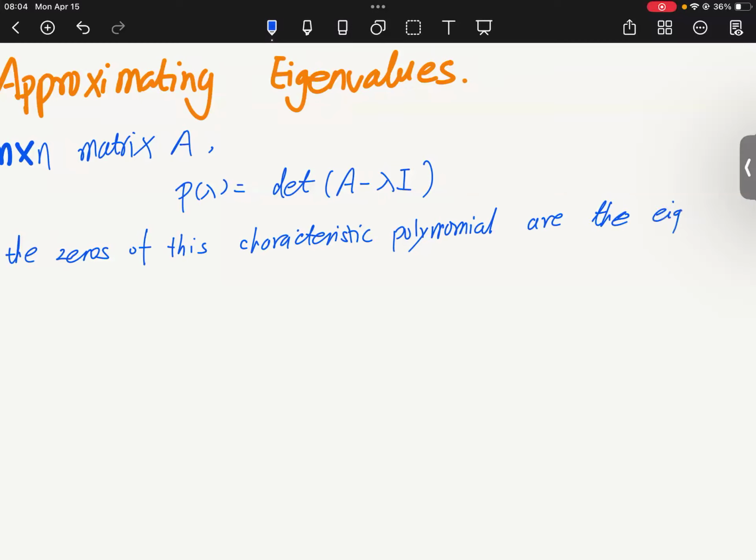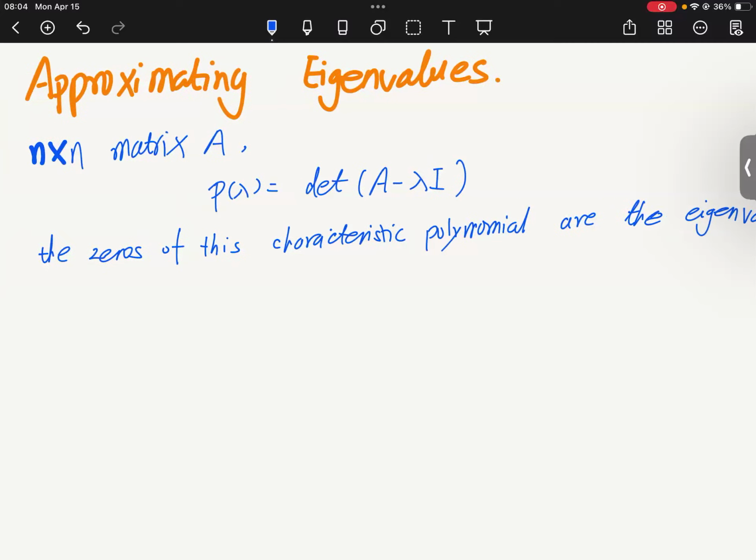And for the eigenvalues, we actually have the corresponding eigenvectors. These zeros of the characteristic polynomial have eigenvectors, and they satisfy the following equation. So if we have the eigenvalues, we get the corresponding eigenvectors. These are the eigenvectors, and this is the eigenvalue.